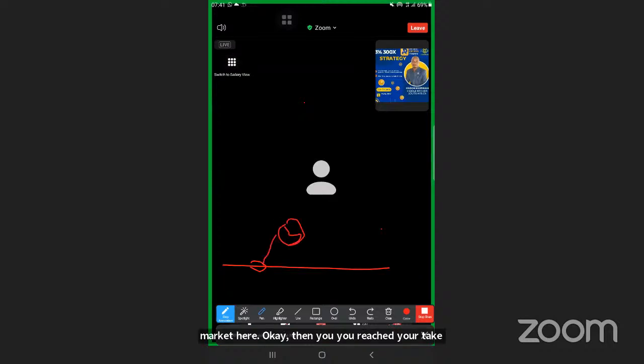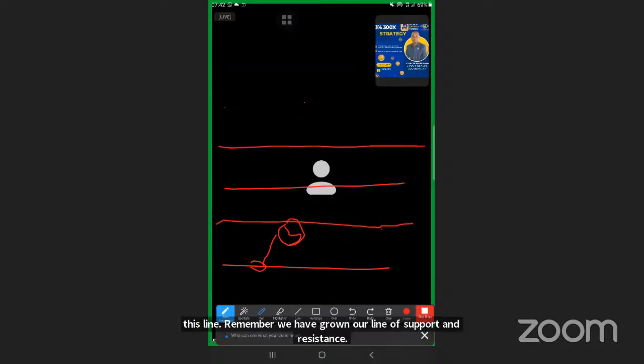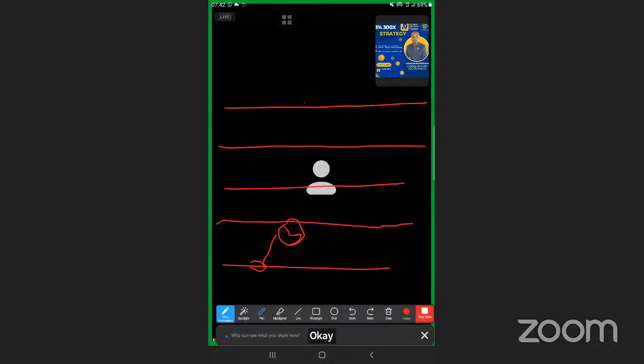Then you see another opportunity coming from there to this line. Remember, we have drawn our line of support and resistance on our chart. So you can enter here and exit here. When you have exited here, you see that the market is not giving you signals that it is going to continue to go up. Then you leave the market.